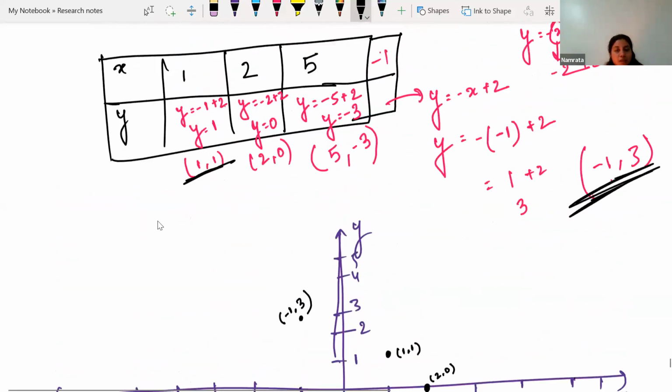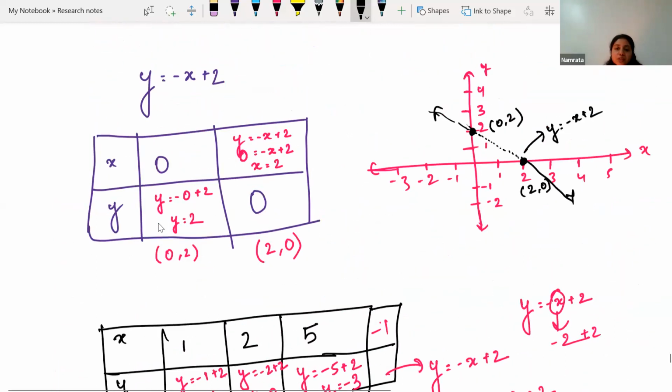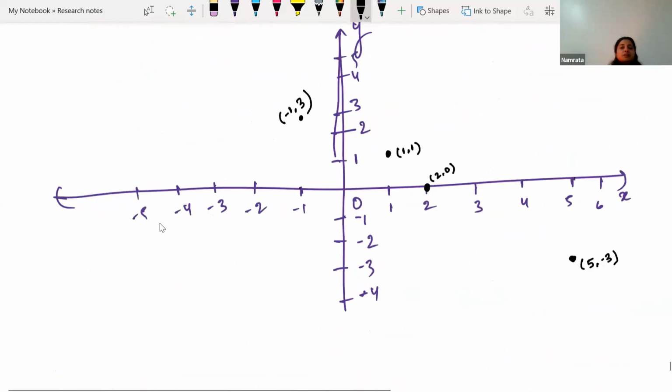Now we have to take a scale. We need to take one scale, and we have to join all the points carefully by placing the scale properly. So if you join them with the help of a scale, like this, you will end up getting a straight line.